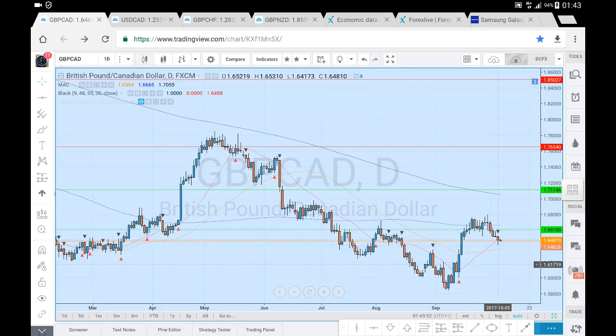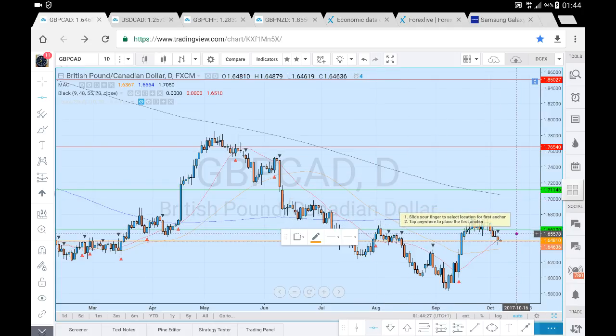Where's our stop? Our stop should be at 65.31. Wow, that is a ridiculously small stop, especially for a pound CAD. That's so volatile. Oh my gosh, I'm likely to get stopped out here. Like seriously. But you know what? Let's just carry on anyway.